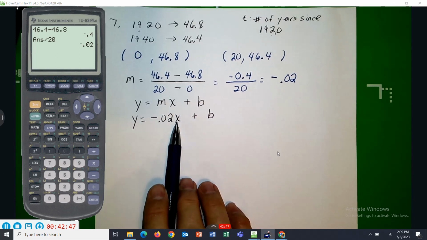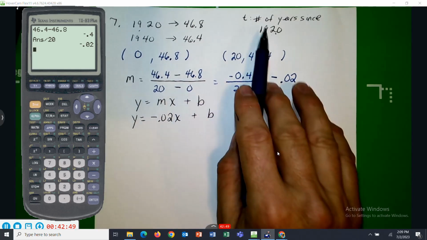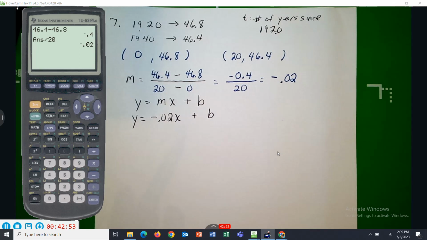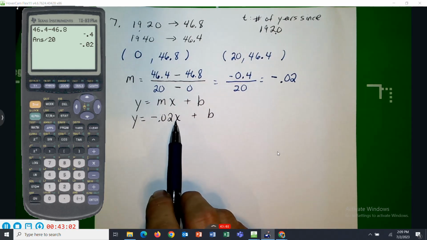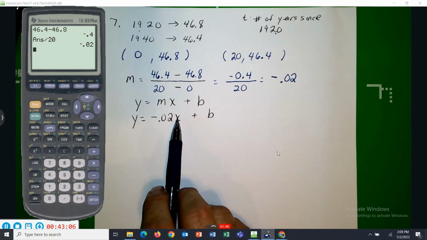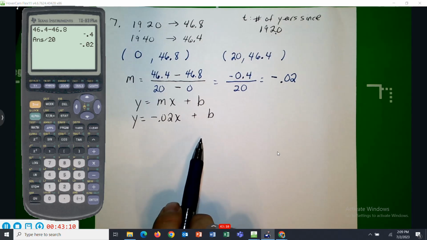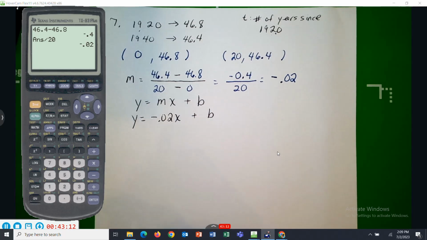I'm using an x instead of a t. So I'll just continue with x, but the answer that I type in, I'll put the letter t there, okay? So just bear with me. If you're thinking, shouldn't that be an x, you're right, it shouldn't be, but I'm going to work with an x. When I get my final answer, I'll put the t in.